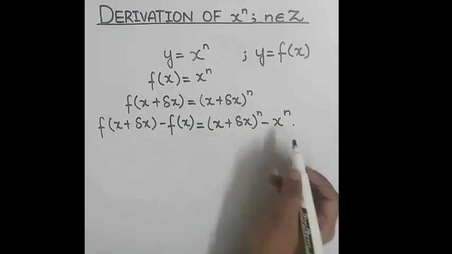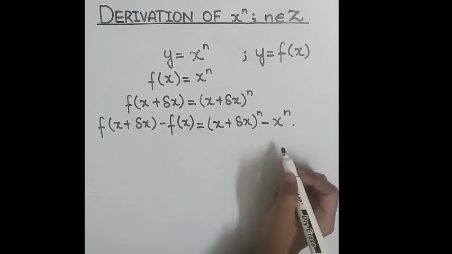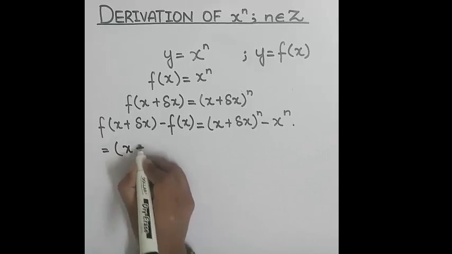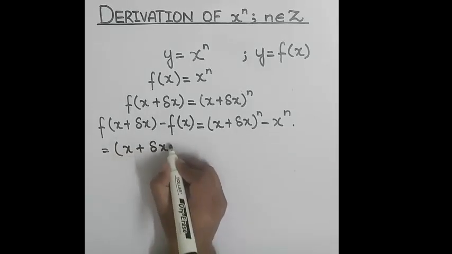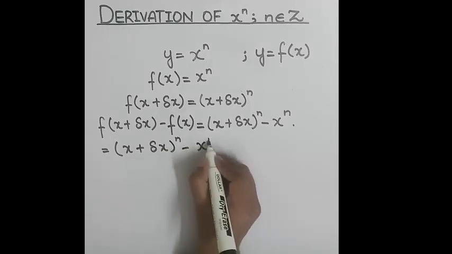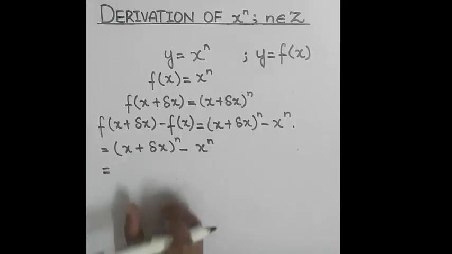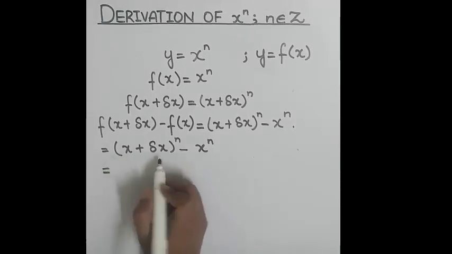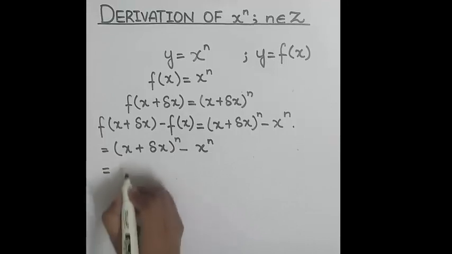Now this step needs simplification. So let's do it. We have x plus delta x raised to power n minus x^n. We will simplify this term by binomial expansion, a plus b whole power n.